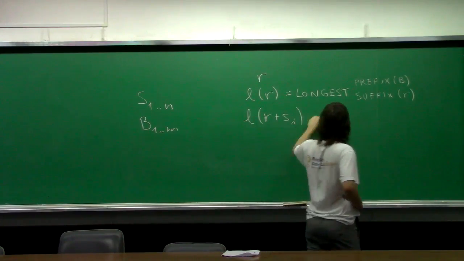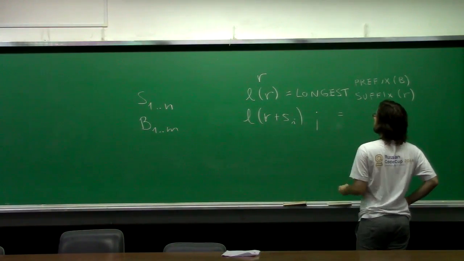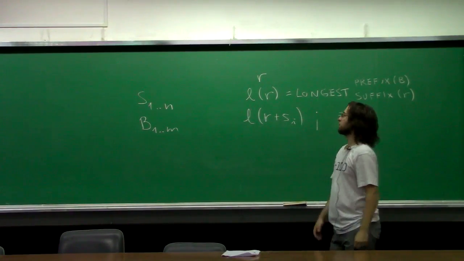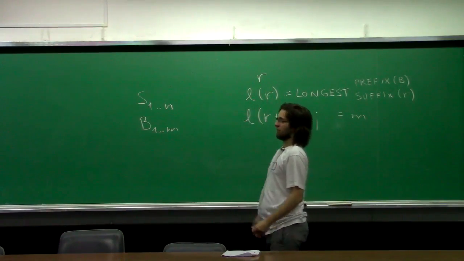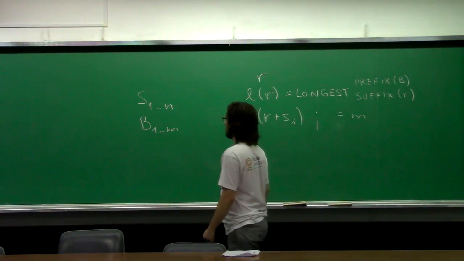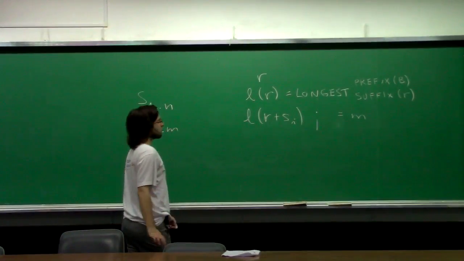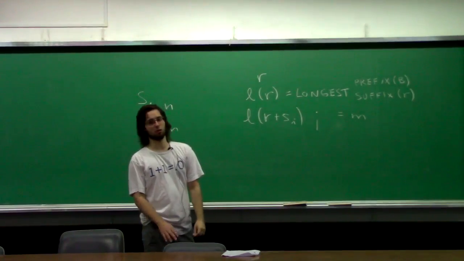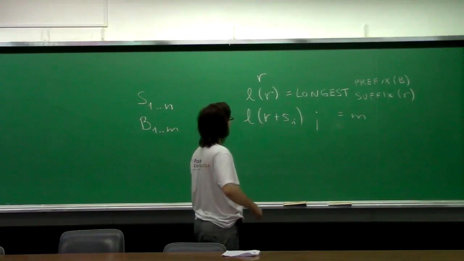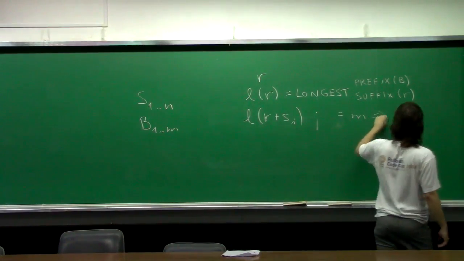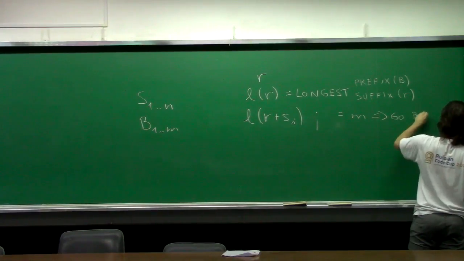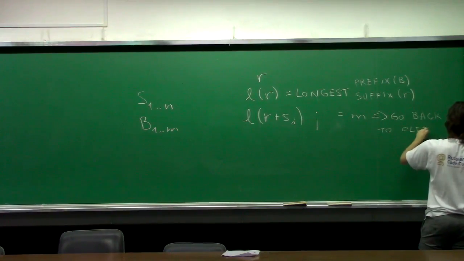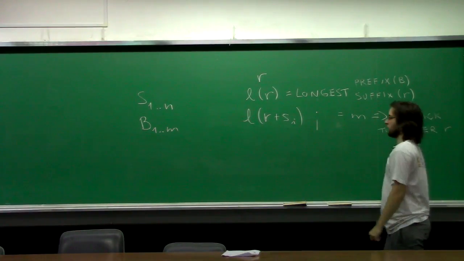And then if this is equal to m, then we throw away the last m characters from R, and we get the state which corresponds to some prefix of this string R, which is a state which we already processed. Go back to an older string R.